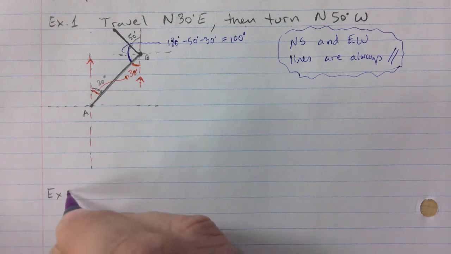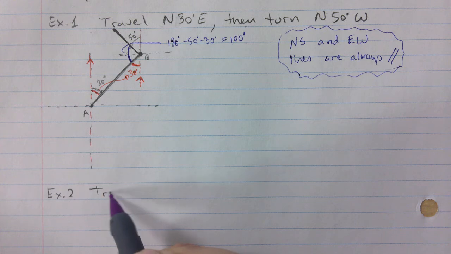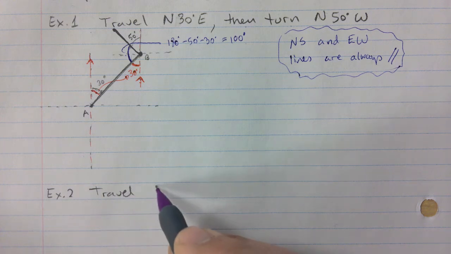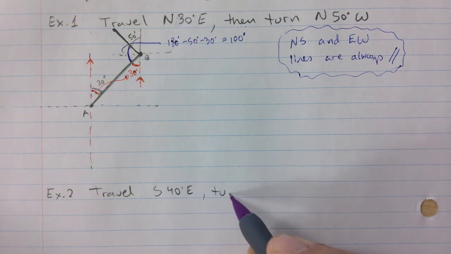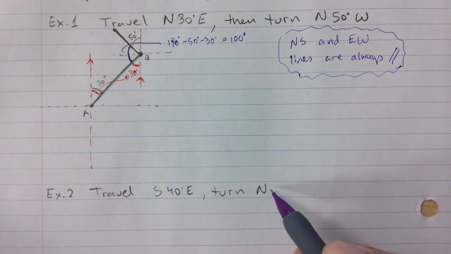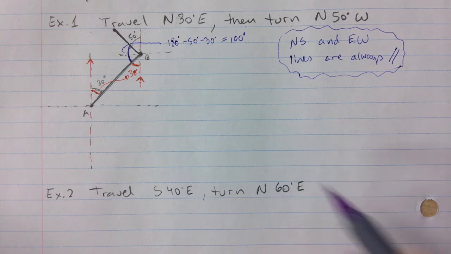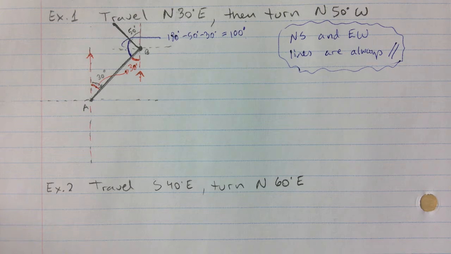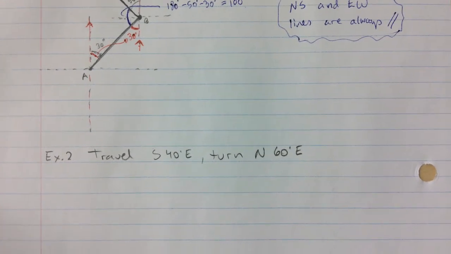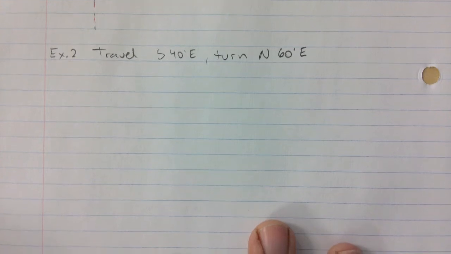Example, this is the second case. Travel south 40 east, then you're going to turn north 60 east.